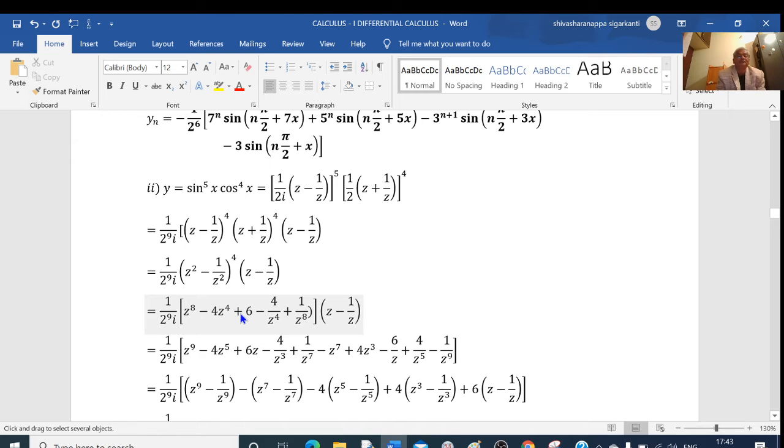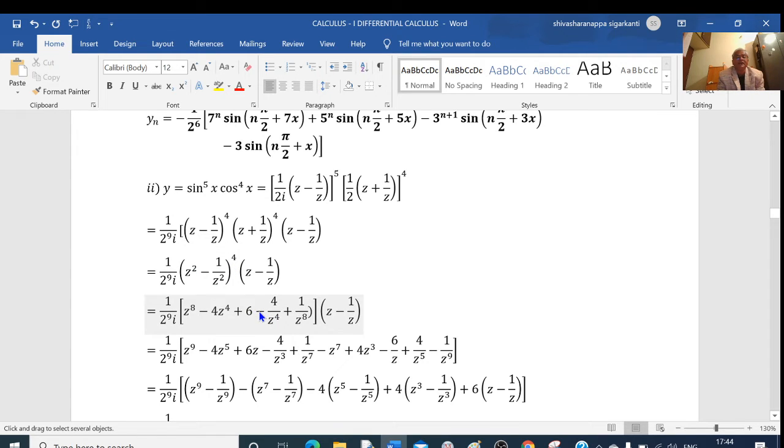Next term plus 4C2, 4 into 3 by 2 is 6, into z square squared into 1 by z square squared, so these two terms get cancelled here.